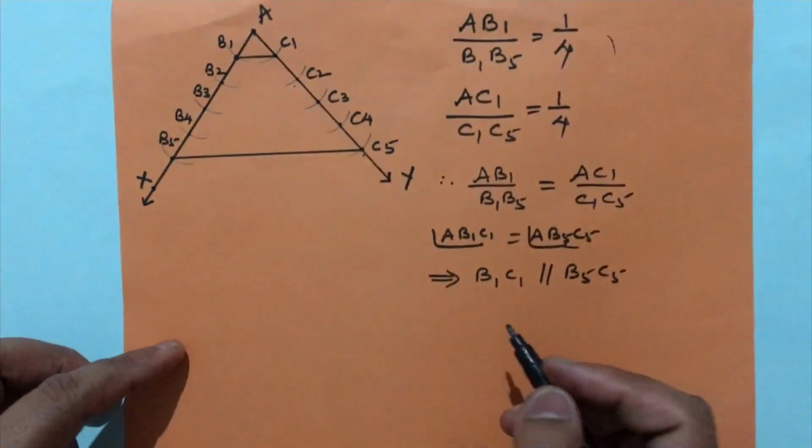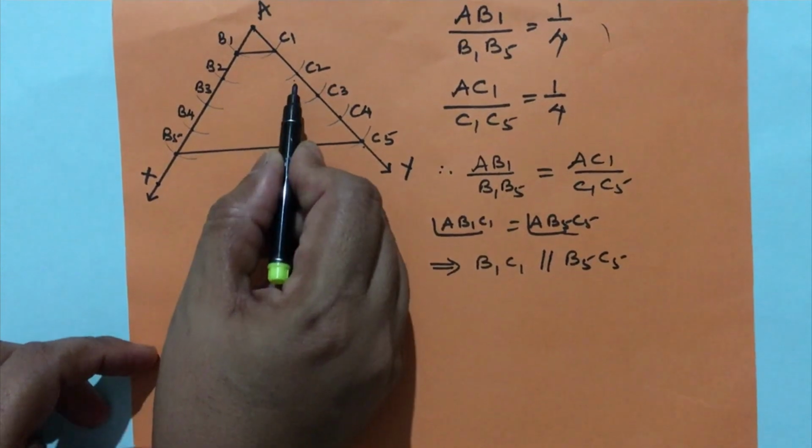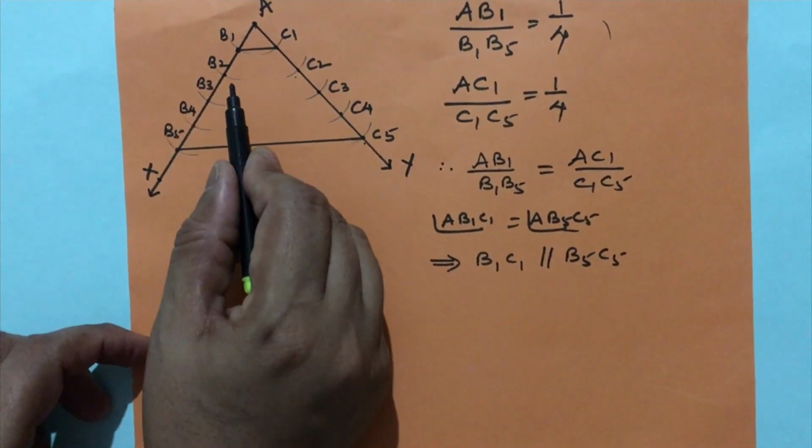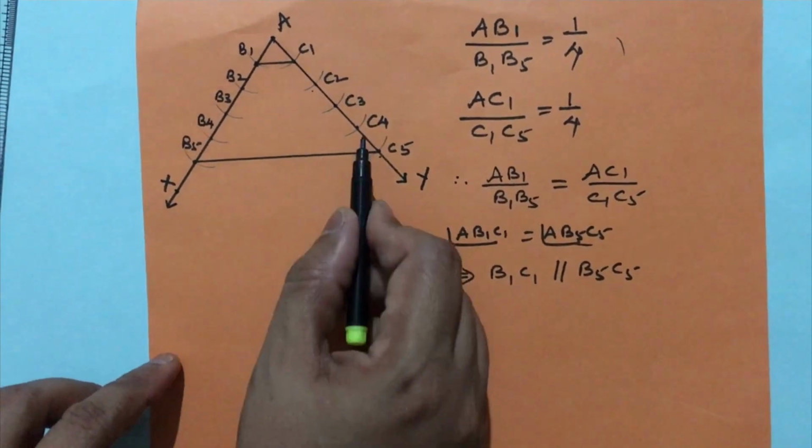So similarly we can observe by joining B2C2, B3C3, B4C4 also.